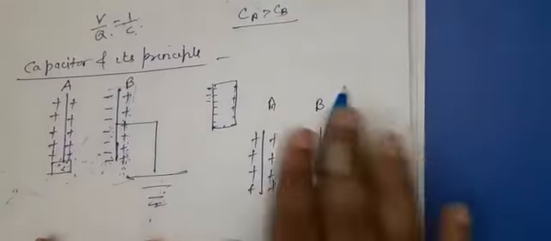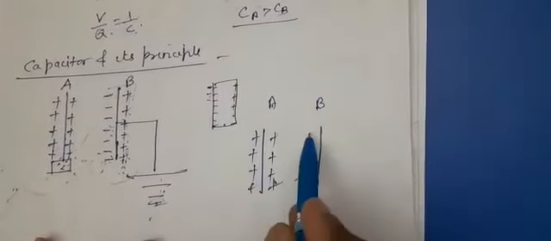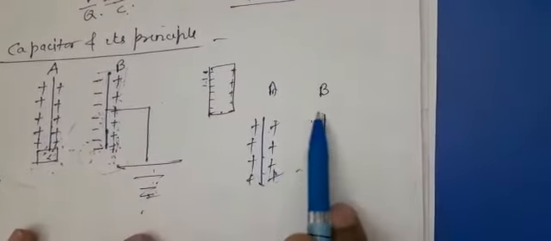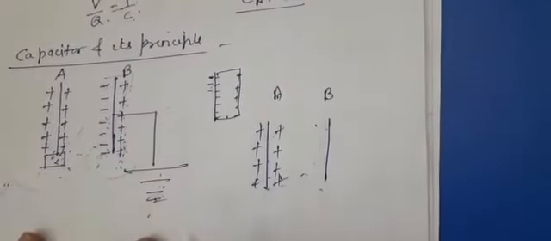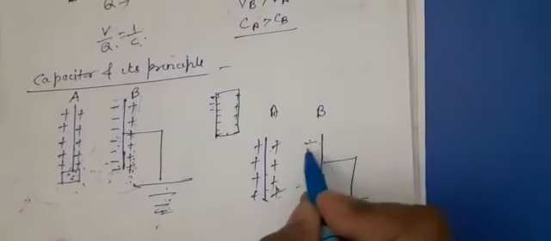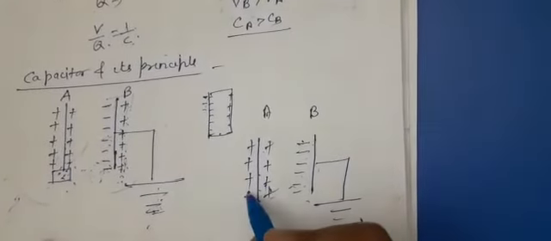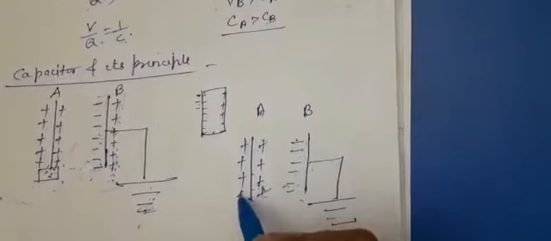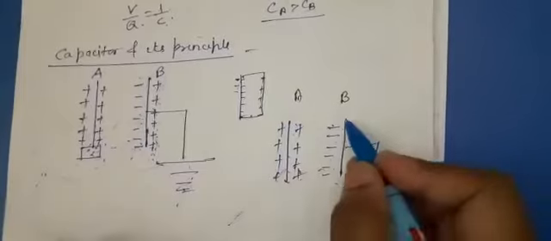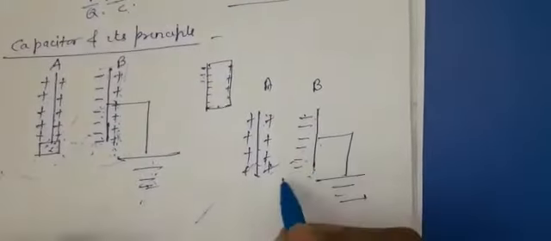If B was not present, A was charged to the maximum value, but when it is present, by induction it may decrease or increase the potential of A. Due to its presence, the potential and the charge of A will change. So when B is grounded, what happened? The induced negative charge will tend to decrease the potential of A, so more charge can be given to it. It means the capacity of plate A to hold more charge will be increased by bringing an uncharged grounded conductor near it.